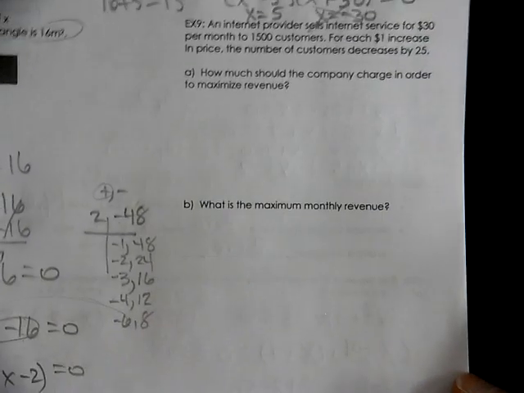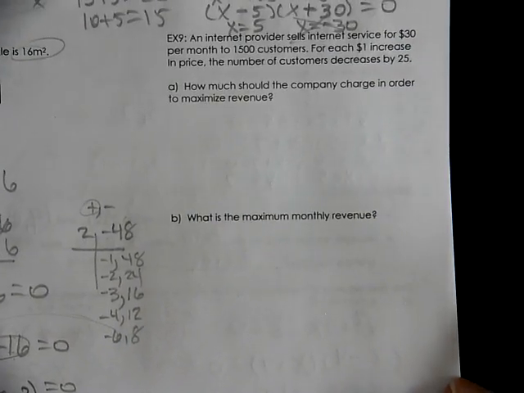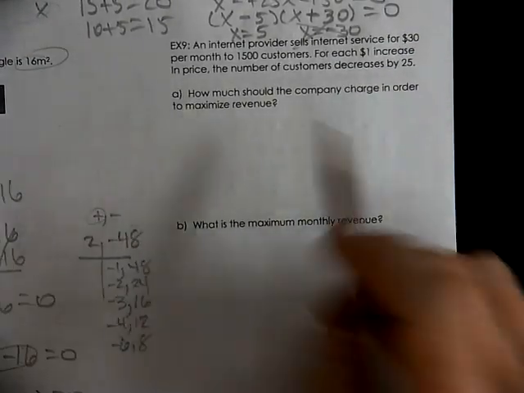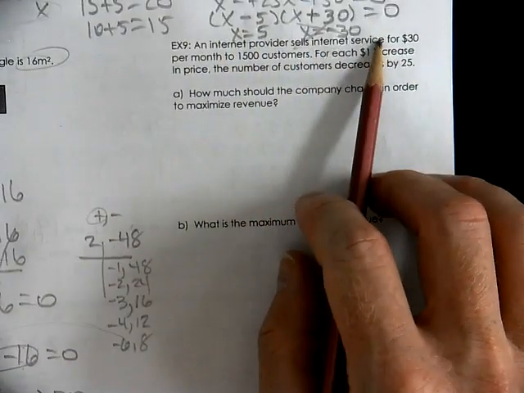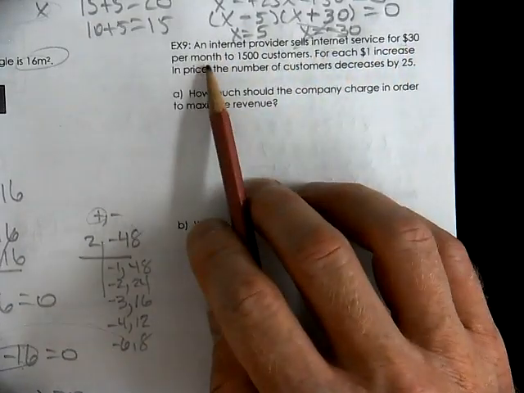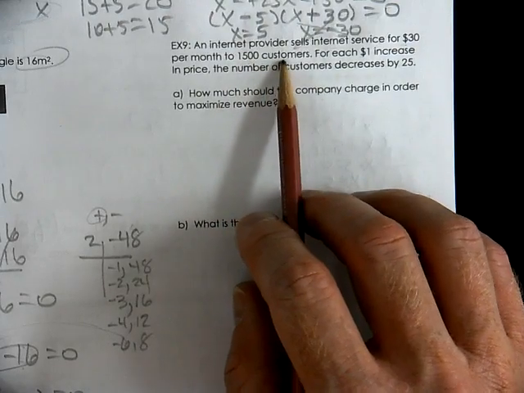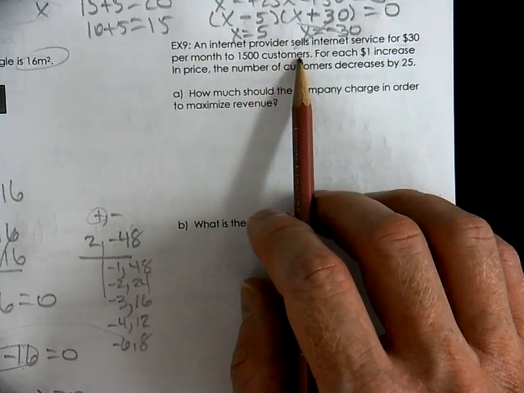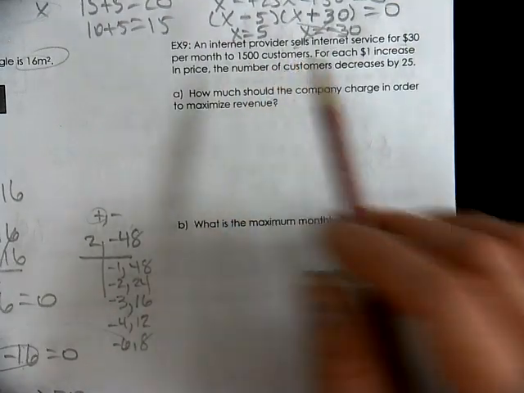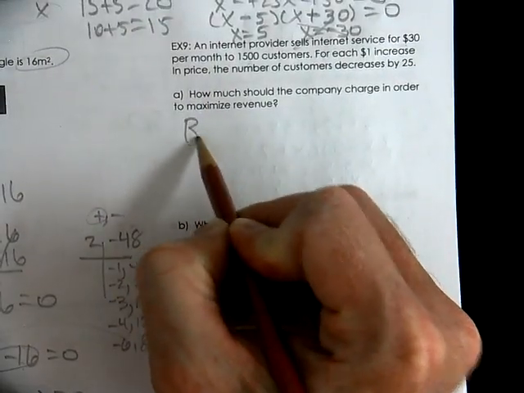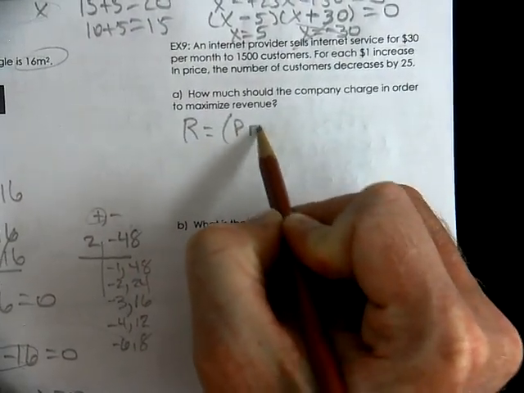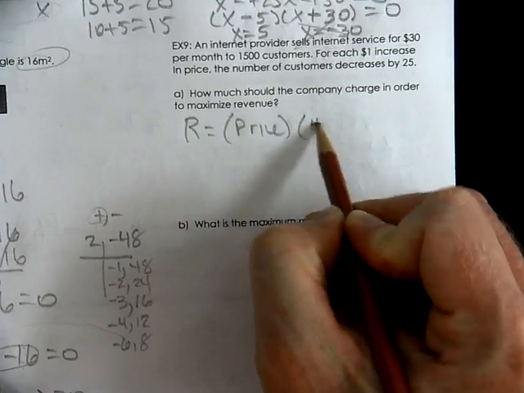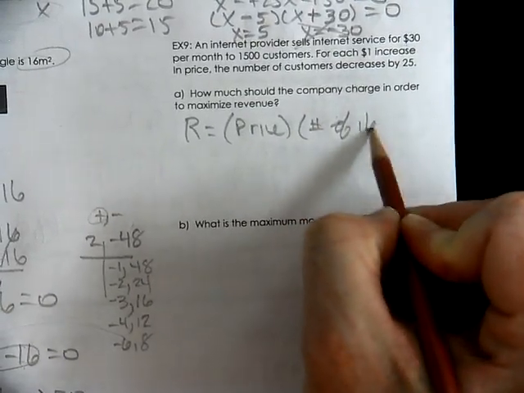Now we're going to come on over and look at a revenue question. A little review. We have an internet provider selling the service for $30 a month to 1,500 customers. So they're doing revenue equals the price times the number of items.